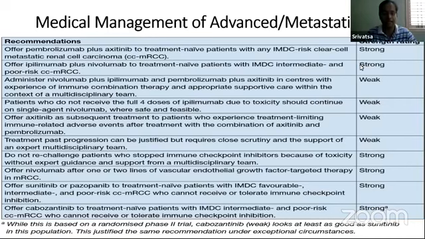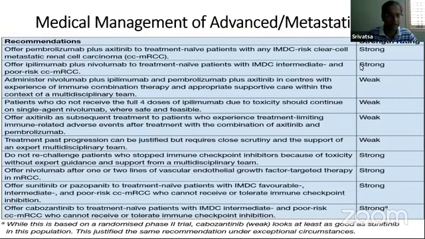Here you can see that the TKI has been replaced with a second immunotherapeutic agent, meaning that the disease is aggressive, so we need to be more aggressive in treatment. Administer nivolumab plus ipilimumab and pembrolizumab. So you can see here that there are several trials which have shown results by adding more and more drugs upfront, predominantly immunotherapeutic drugs.